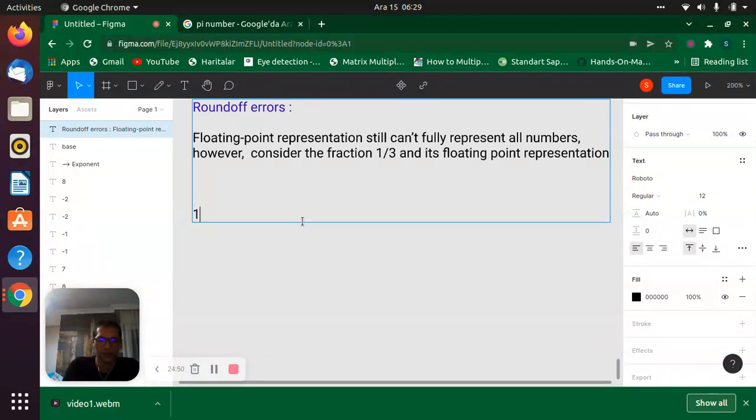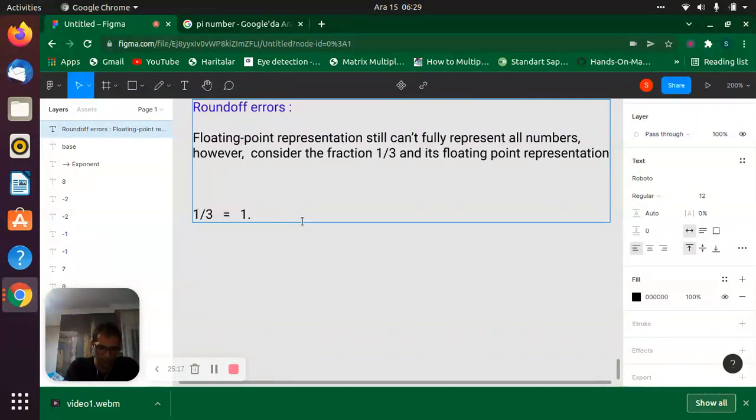I will say 1 divided by 3 equals, we know that. But here it will go all the way. If you divide 1 by 3, there is really no limit to stop this number because it is like the number pi. Anyway, I will show it to you.